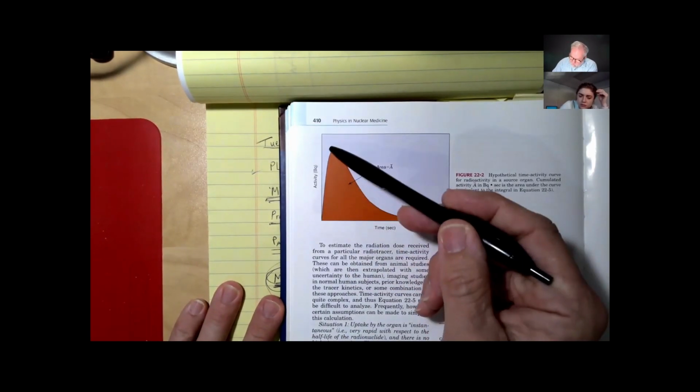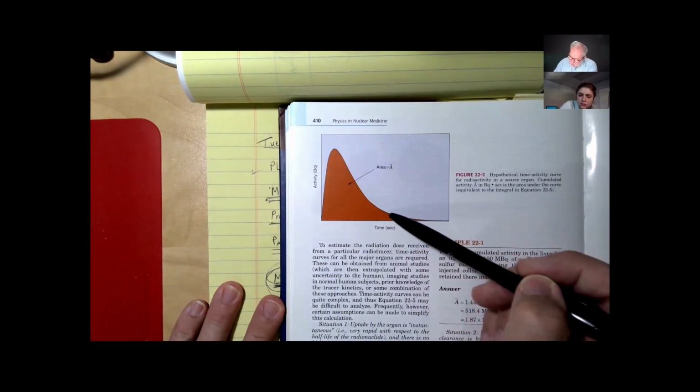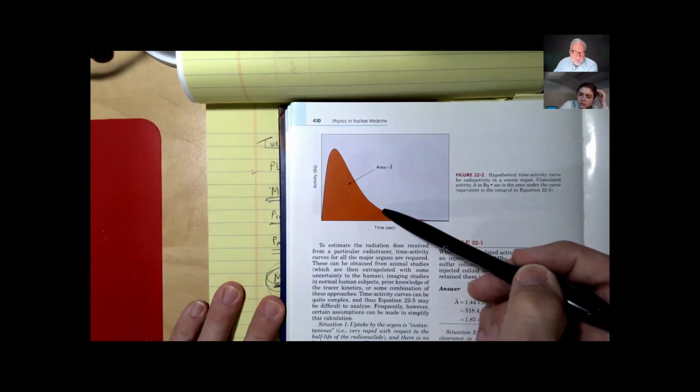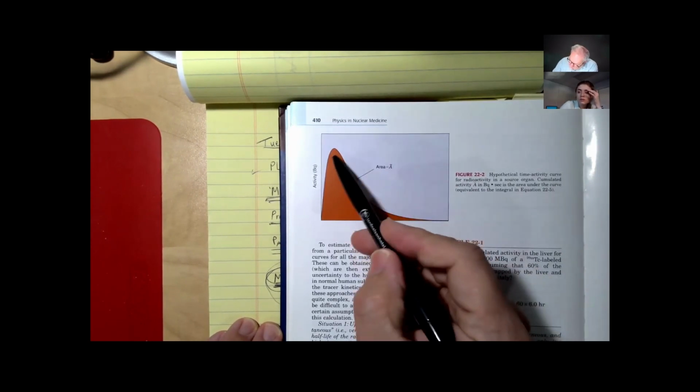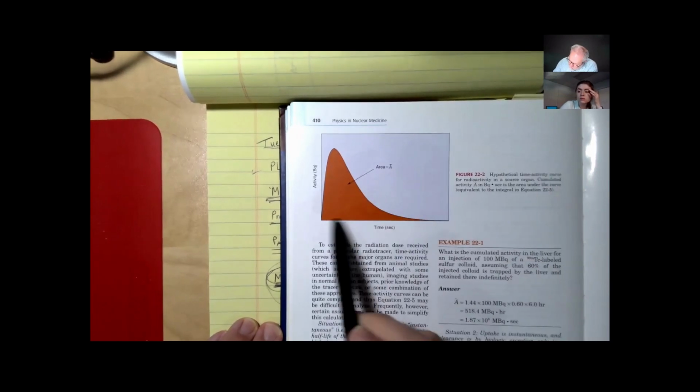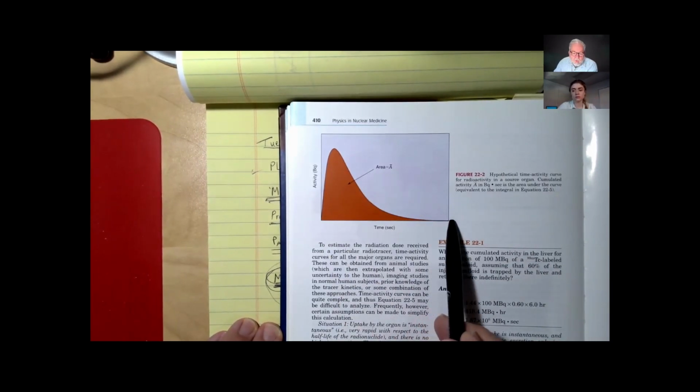There's going to be an uptake, and then a decay, which is a function of both the biological half-life and the physical half-life. We'll come to that when we do dosimetry, but essentially we're looking at time to infinity.